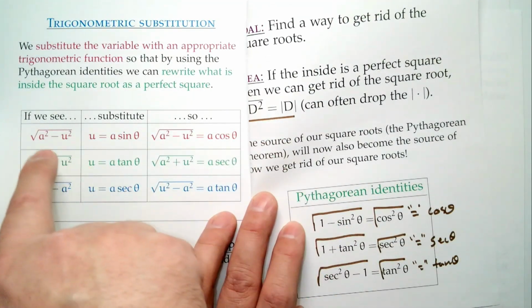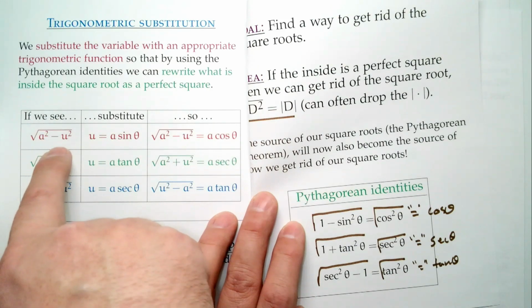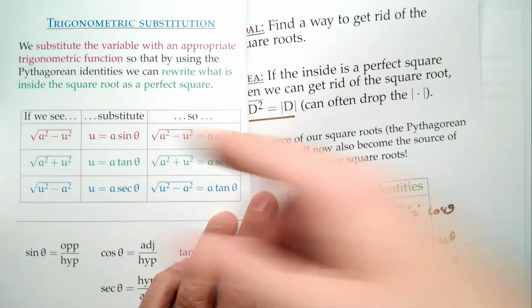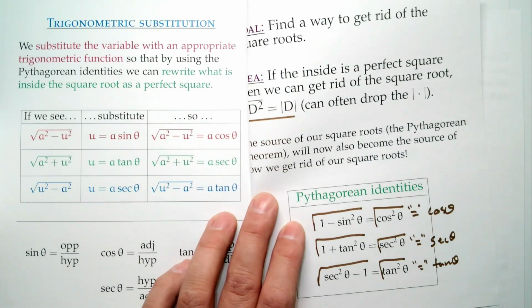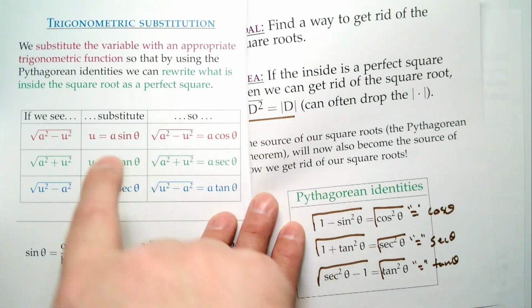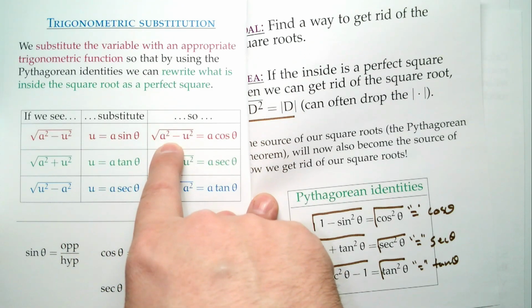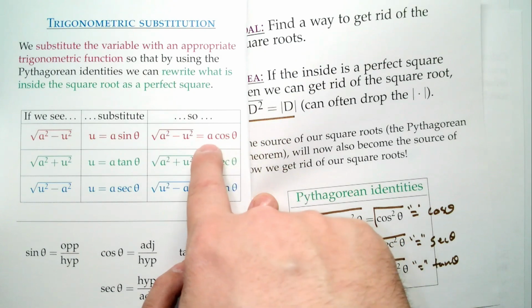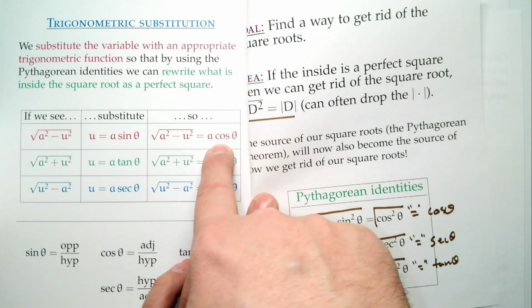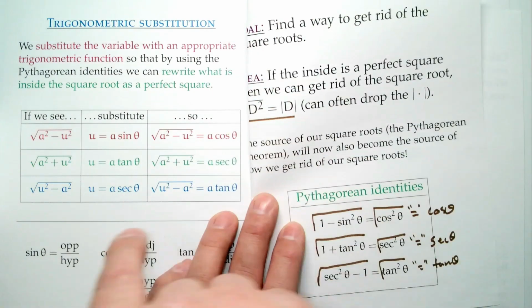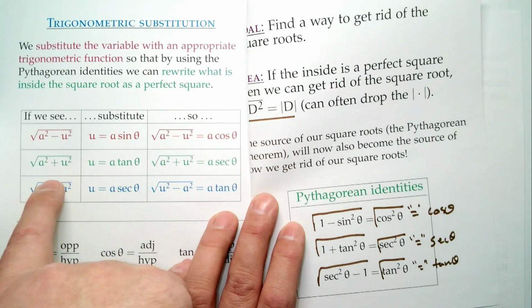What we want to do is say, oh, this looks like 1 minus something squared. The a, okay, we can fix that. That's easy to fix. So I want to make it look like that Pythagorean identity. So when we substitute u equals a sine theta, we get our nice Pythagorean identity we can pull out. And so, lo and behold, it simplifies to a cosine theta. Again, most of the time we don't worry about the absolute values, only when definite integrals come into play.